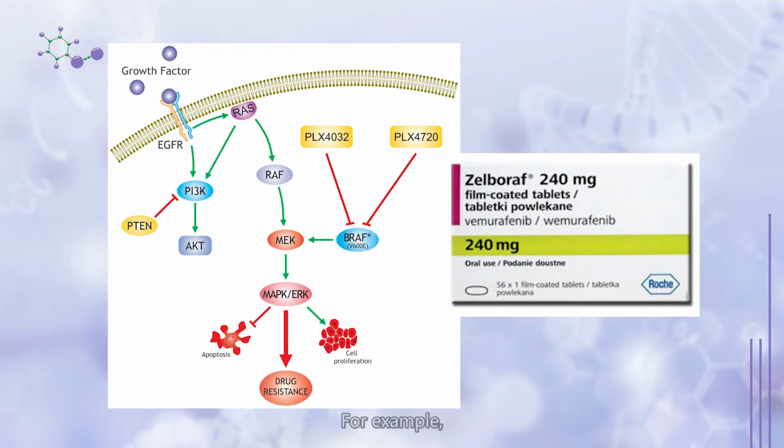For example, vemurafenib, also called Zelboraf, is approved to treat patients whose disease has a certain mutation in the BRAF gene, including Erdheim-Chester disease and melanoma that cannot be removed by surgery or has metastasized.